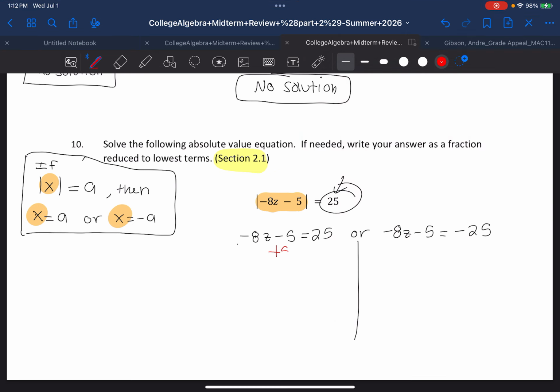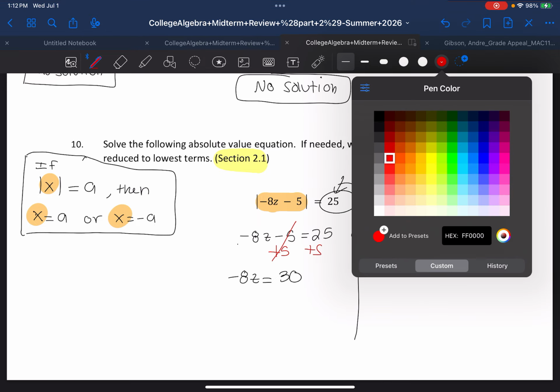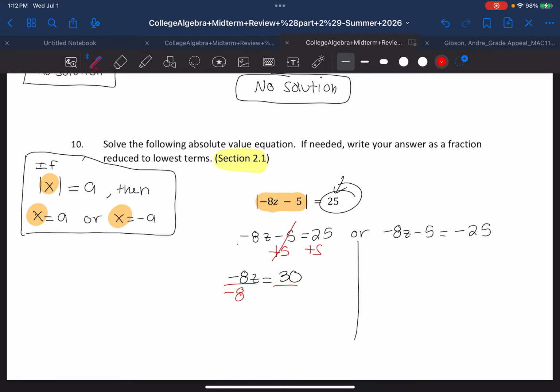So I will add 5 to both sides. This gives me negative 8z is equal to 30. And then I will divide both sides by negative 8.